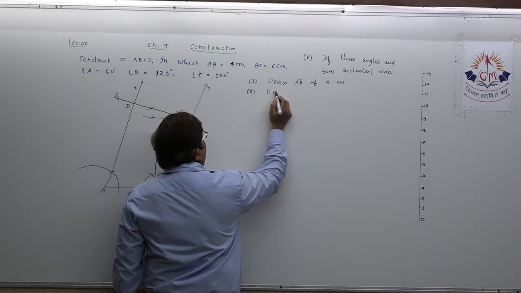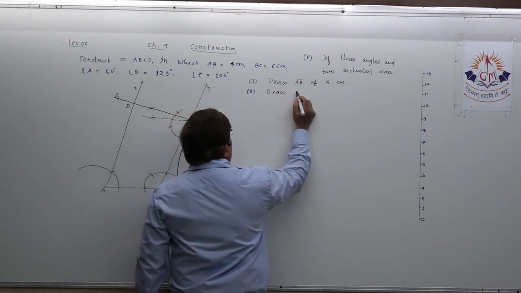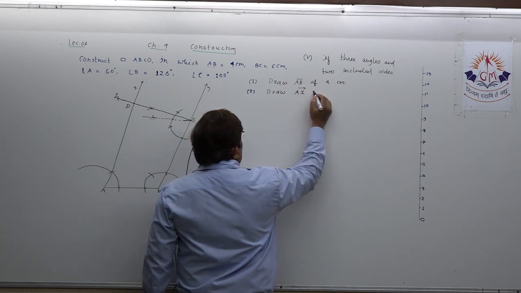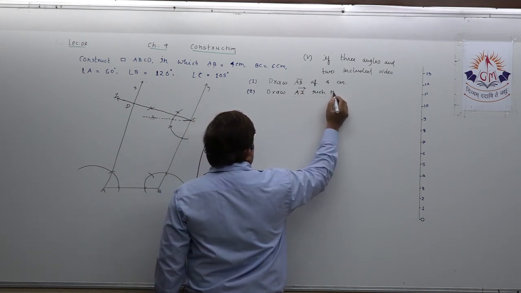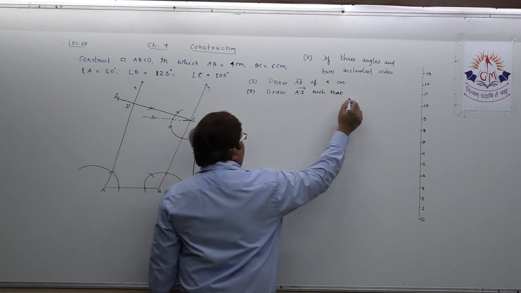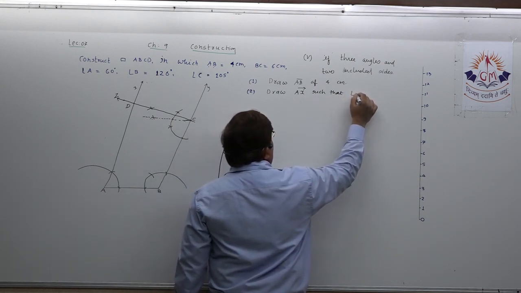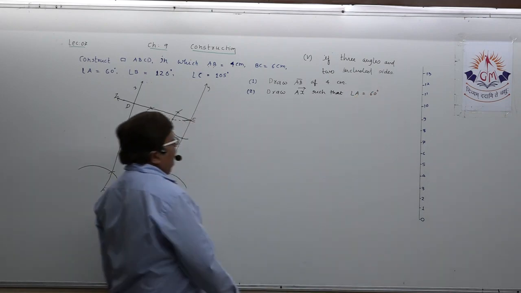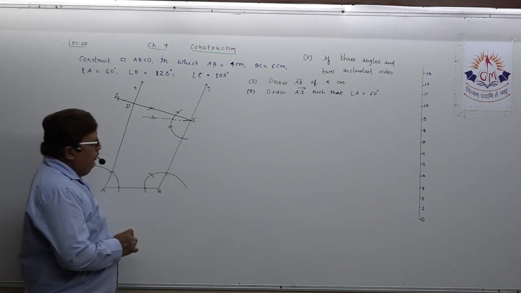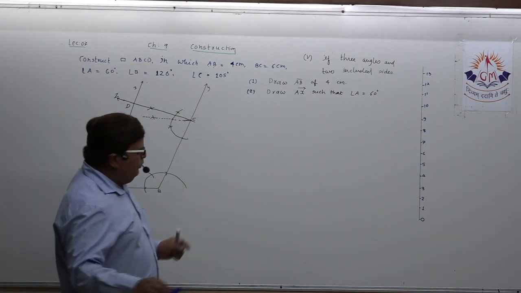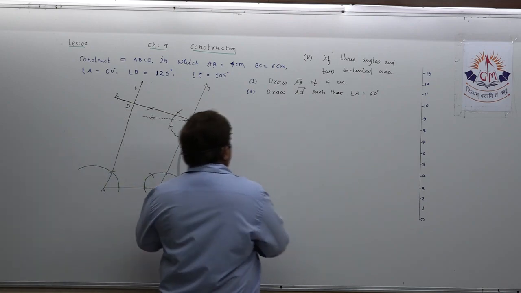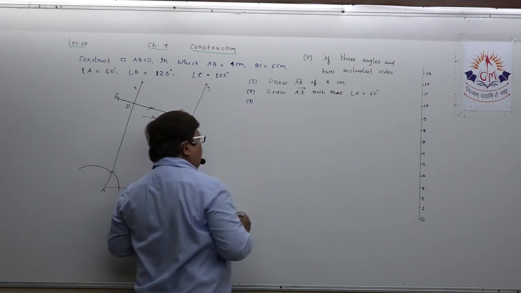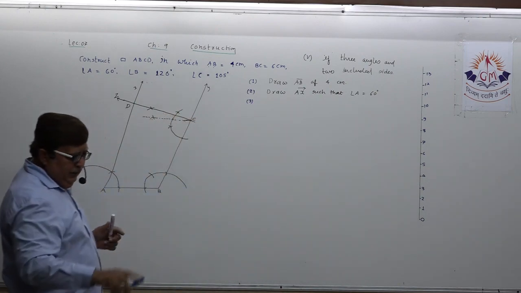Draw ray AX such that angle A equals 60 degree. Understand the step how we are writing. We have constructed ray AX to realize the angle of 60 degree here.